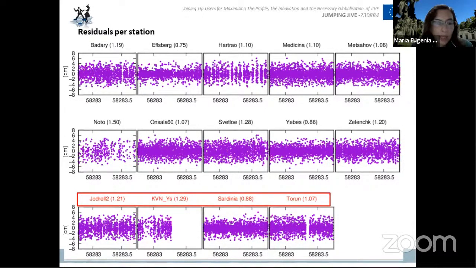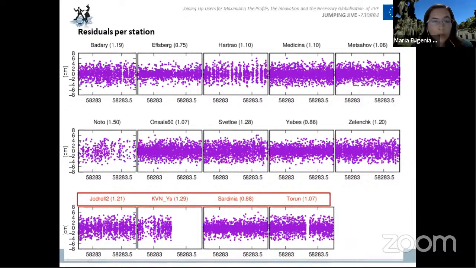As expected, the lowest residuals come from the biggest antennas, like FSV, in this case Sardinia, Jeves. In this case, the KBN Yonsei antenna does not have the best residuals, probably because we couldn't use all the channels, we used only 5. The same happens for Noto.